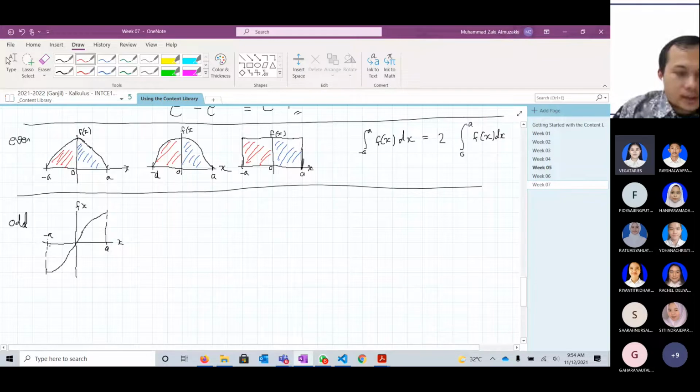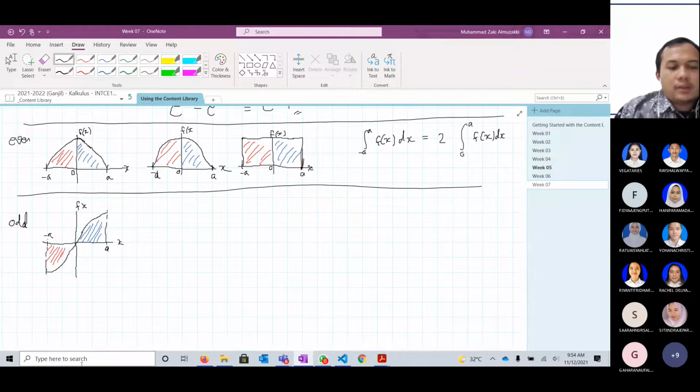Then in this case we have that this red one and the blue one are the same, but the value would be different.